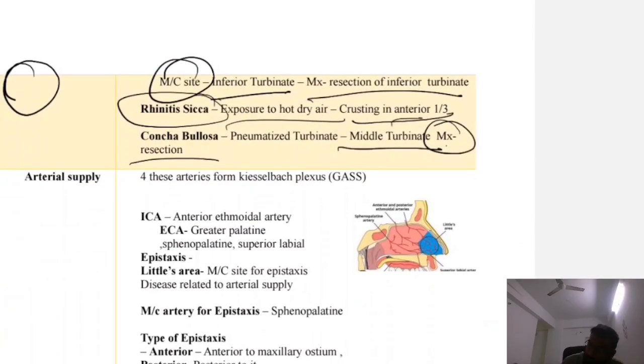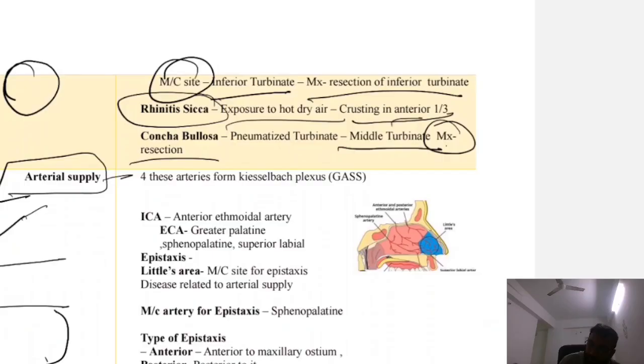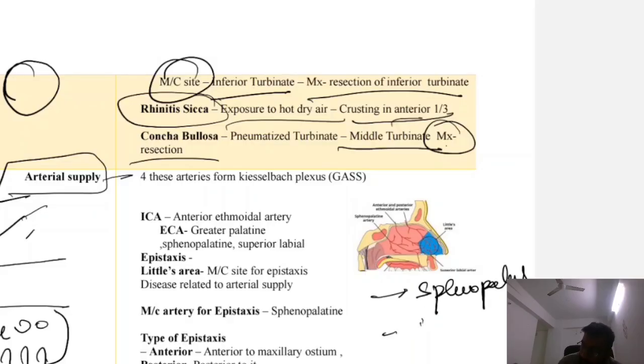Okay. Next is arterial supply. So this is the nose, this is the mouth. The nose is supplied by 4 vessels: sphenopalatine artery, superior labial artery, anterior ethmoidal artery, and greater palatine artery.